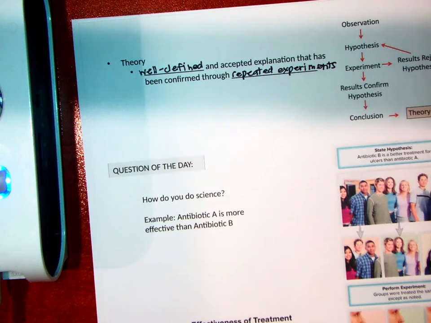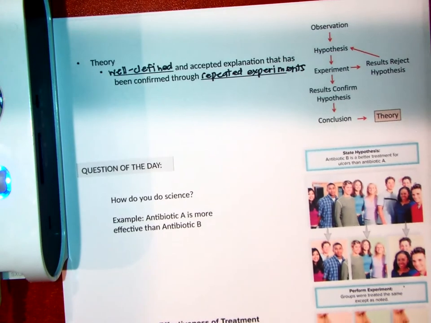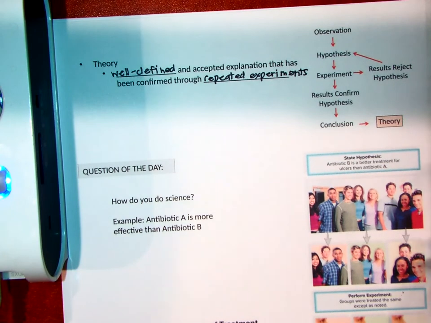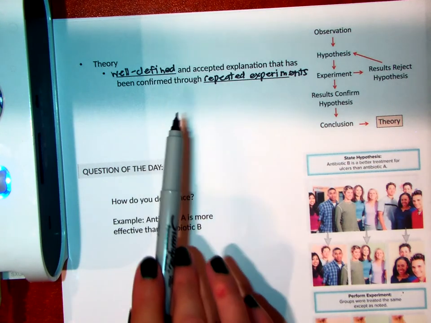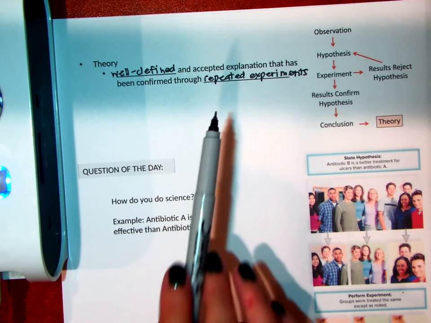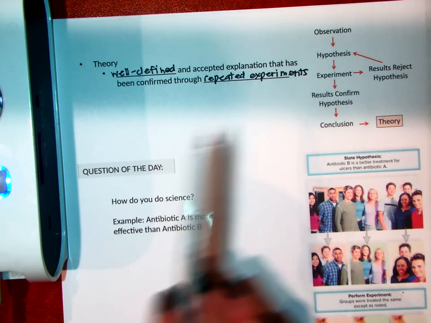So with my 7th graders, a lot of times we'll talk about the theory of evolution, and they'll say, well, it's just a theory. And in everyday conversation, the word theory is kind of like a guess or someone's idea about something. But keep in mind, in science, it's well-defined. It's been confirmed many times by many different people through many repeated experiments, and it's never been disproven.